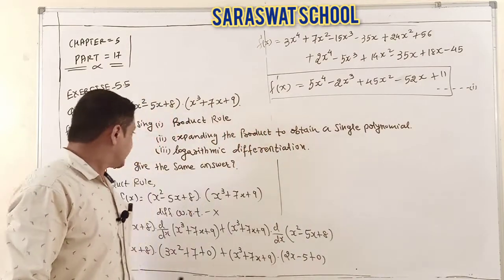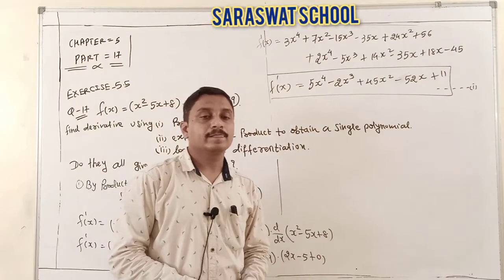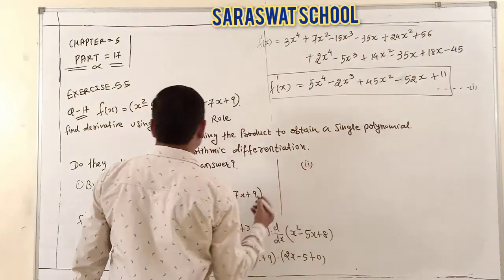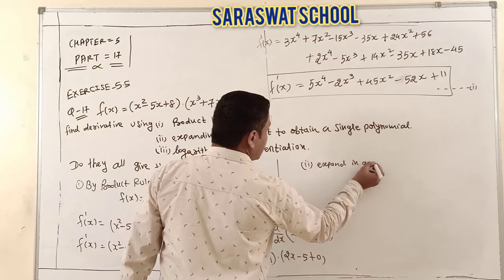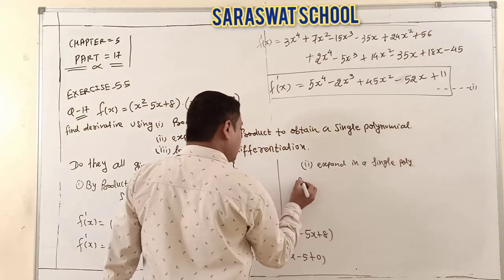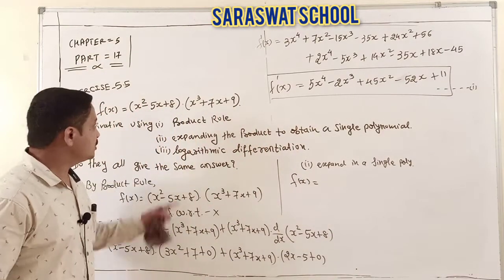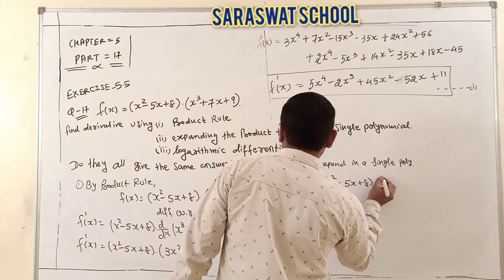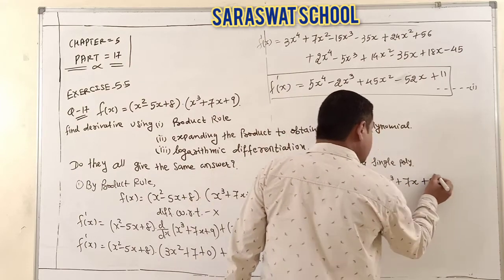Now I go to our second part, expanding the product by using single polynomials. Now I move ahead to the second one. Students, for the second one, what is the rule? Expand in a single polynomial. It means our f(x) is fully expanded. What is your f(x)? x square minus 5x plus 8, times x cube plus 7x plus 9.